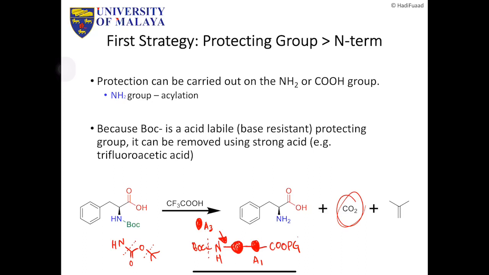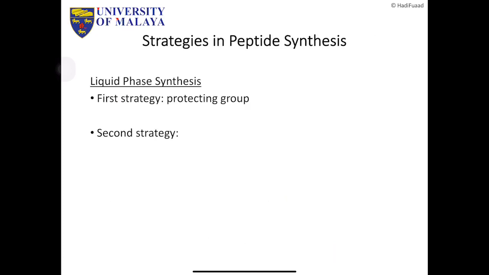Remember this protecting group is acid labile, but you need to use a very strong acid to actually remove the first protecting group. As you will see, some examples that we use are actually hydrogen fluoride to remove this protecting group. Just moving on.